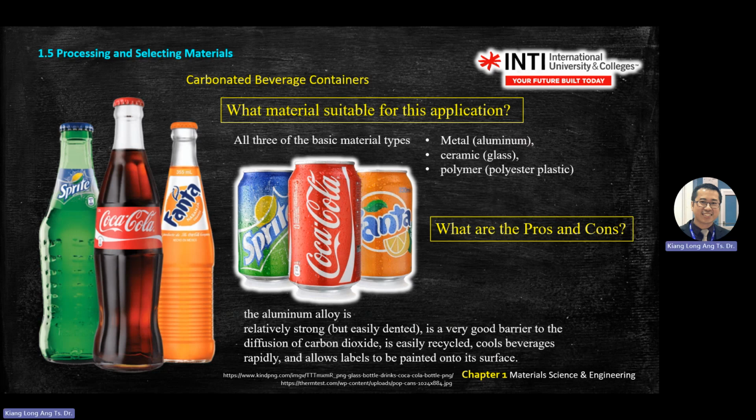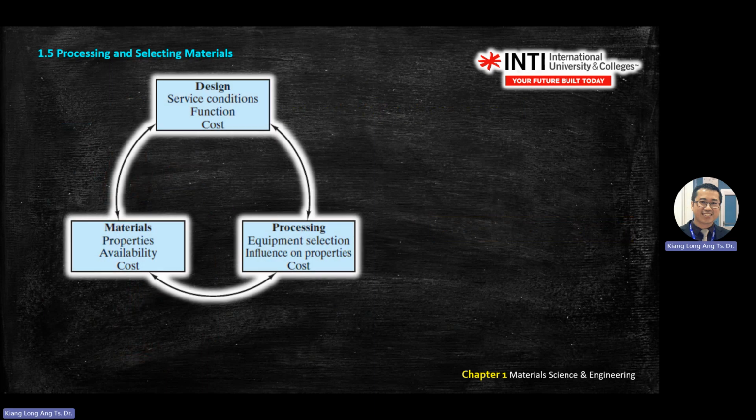Aluminum alloy has a very low diffusion of CO2, because you know that CO2 can come out from inside to outside through the thin wall of the plastics or any materials. Aluminum alloy can still release the CO2, but very, very slowly. Then it is easily recycled and so on. These are the examples.